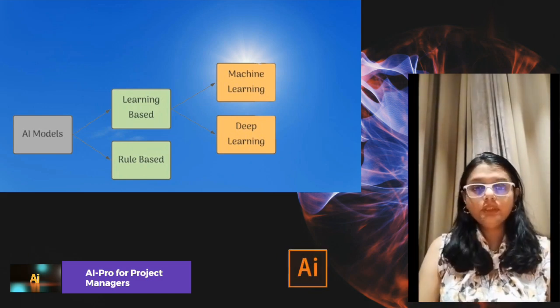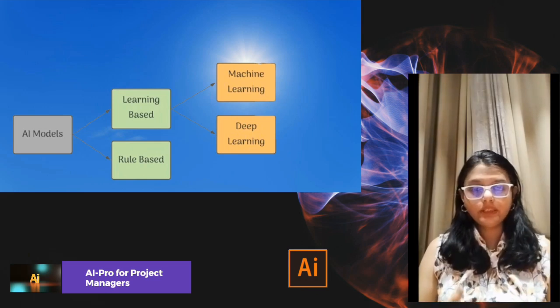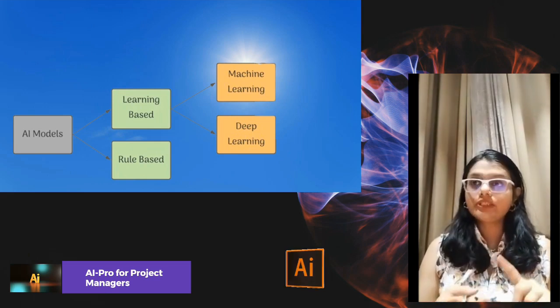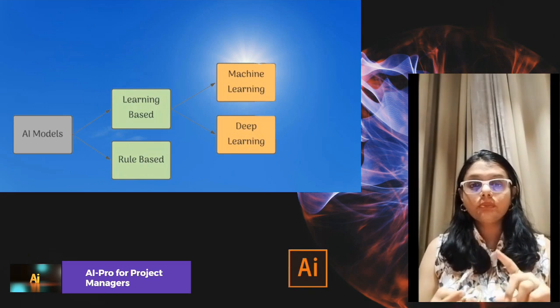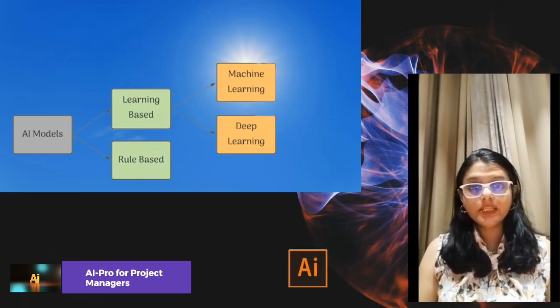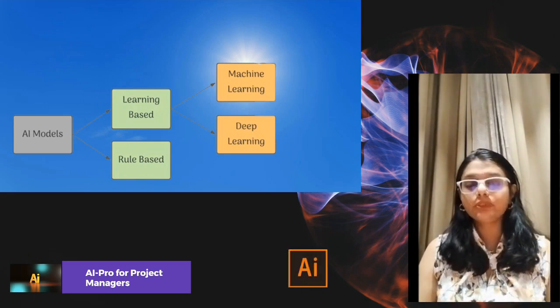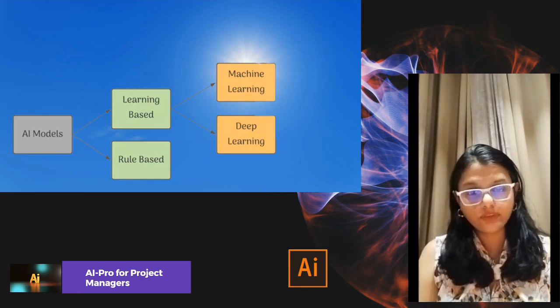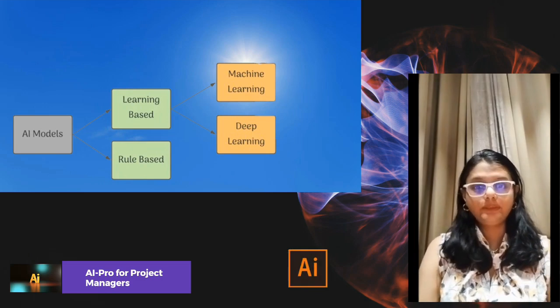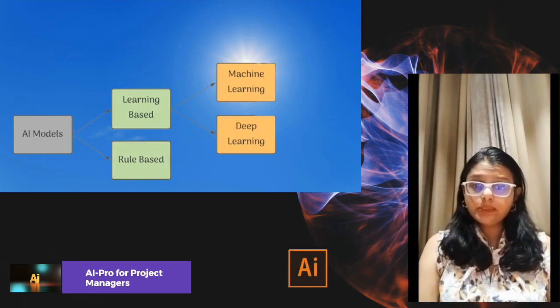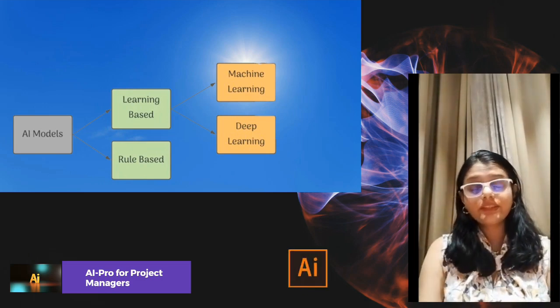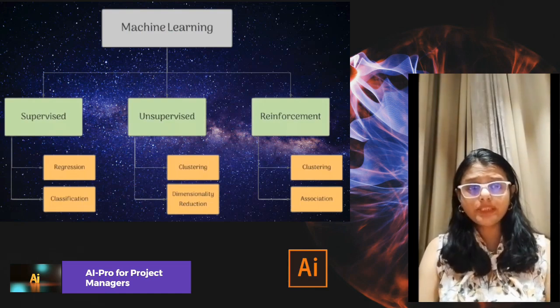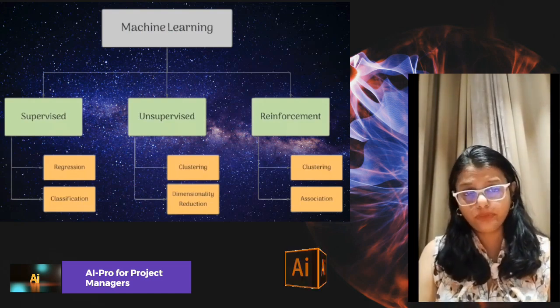As an example, we can feed data related to the age, gender, location, purchasing history inside an airline system in order to identify the frequent flyer or the passenger information. That is modeling. In the learning based modeling, there are three categories: supervised, unsupervised, and reinforcement.